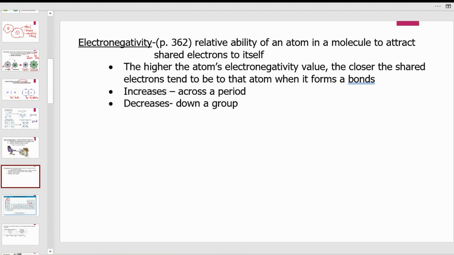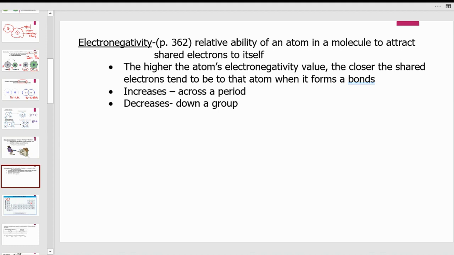Now, a term that was briefly discussed last chapter but not quizzed upon is electronegativity. Electronegativity is actually when we share electrons, which element pulls harder on those electrons?